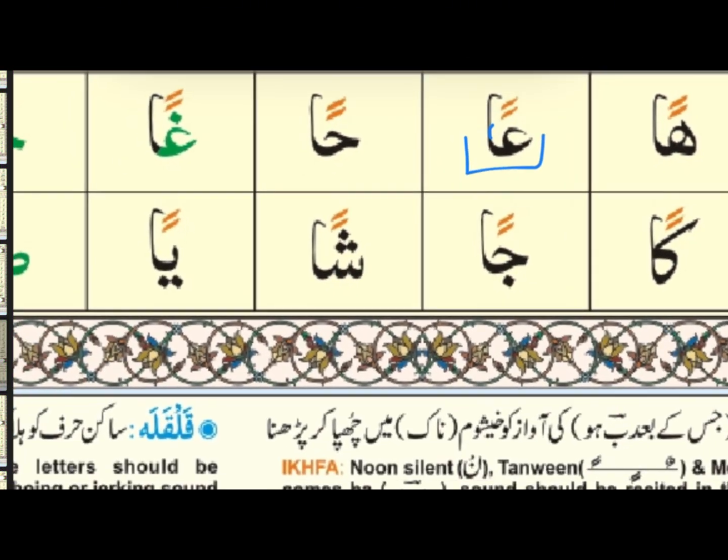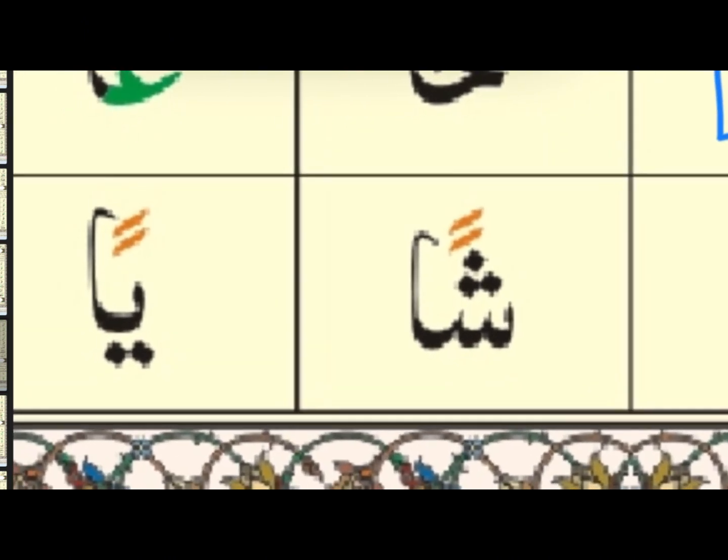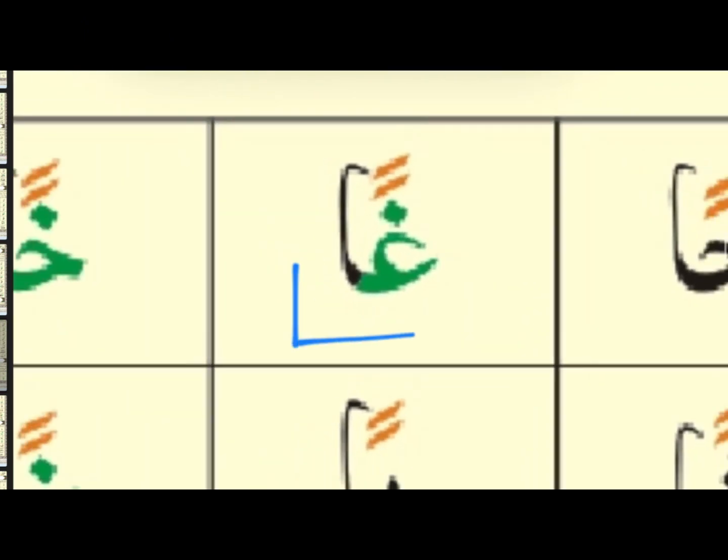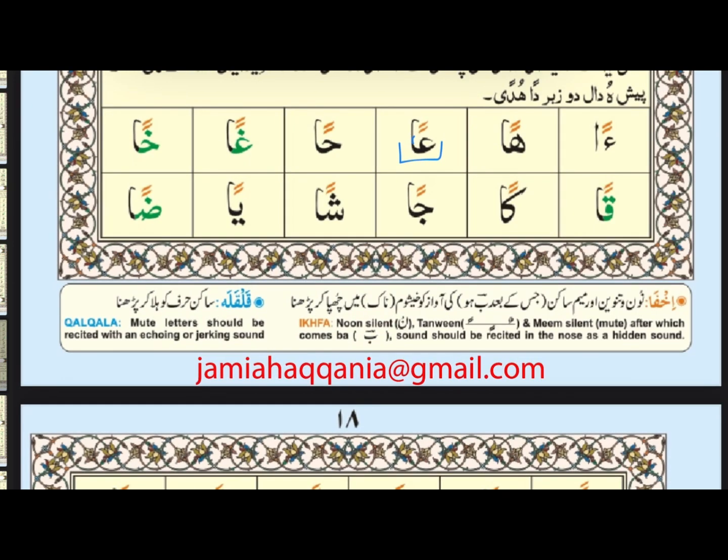Okay, now we are going to move on to some other words. So here we have a run. Now remember, because these have two fatha, it is pronounced as an, whereas if it was one, it would only be a. Just a tip.